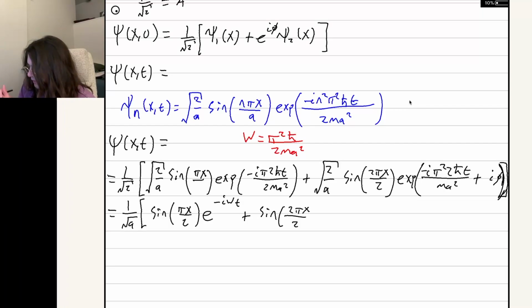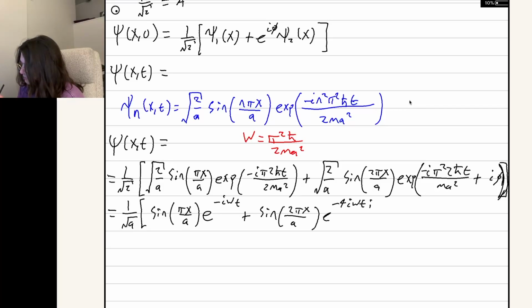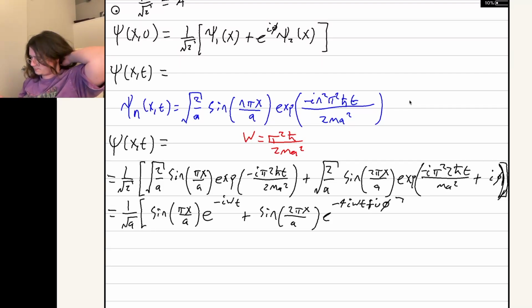It's supposed to be an a here and an a here. Now I'm just being real goofy. Okay. And then this is going to be e to the minus 4i omega t plus i phi. Okay. So not too different, again, from our last answer.